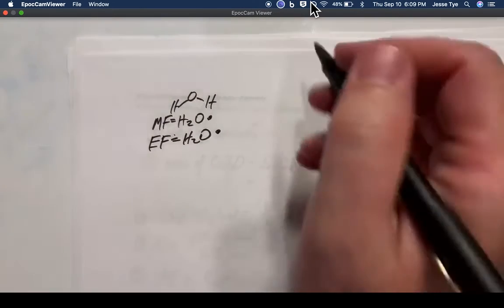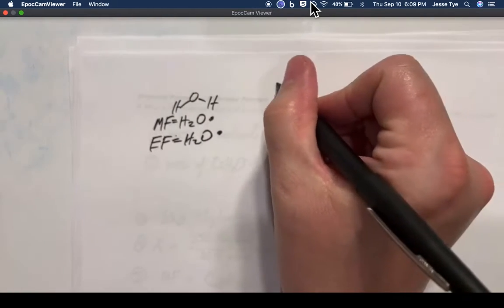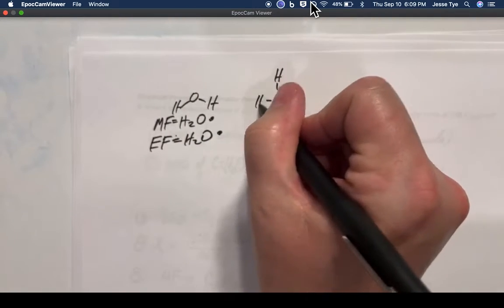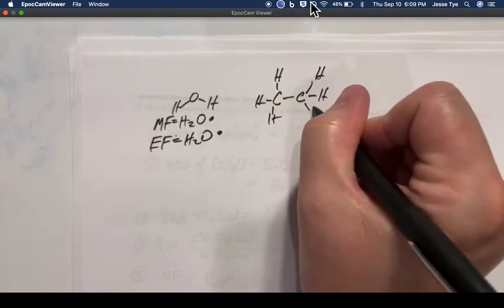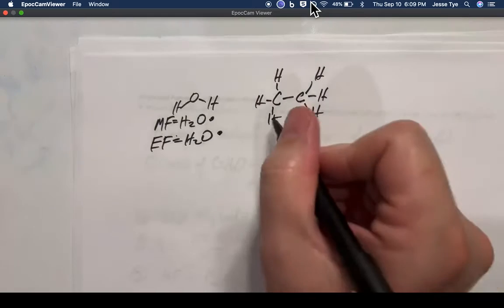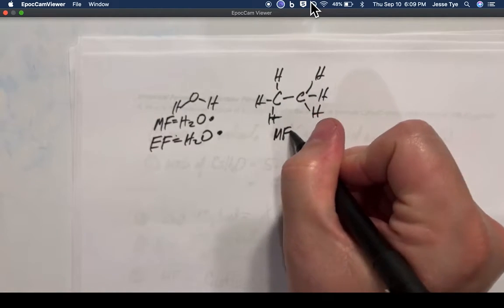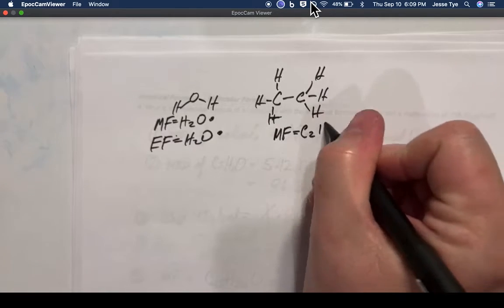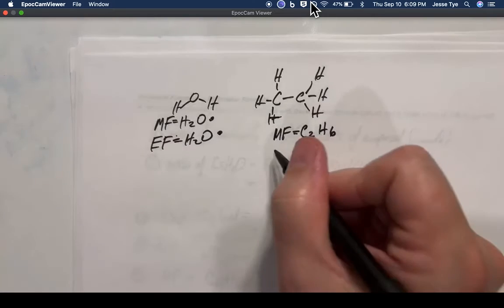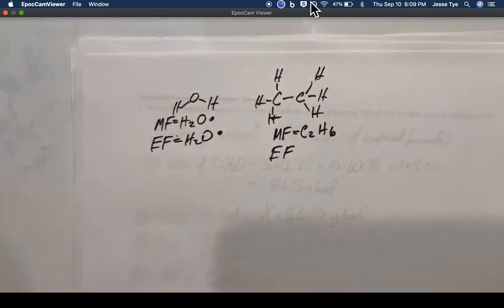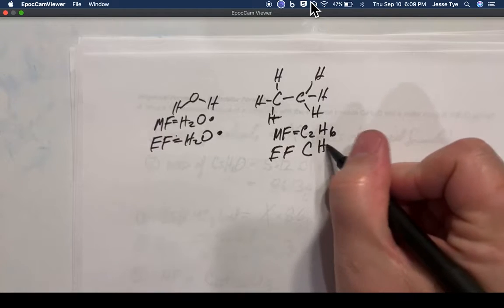But if we had even a simple molecule like this, I would simply count the hydrogens, count the carbons, and its molecular formula is C2H6. However, its empirical formula is CH3.